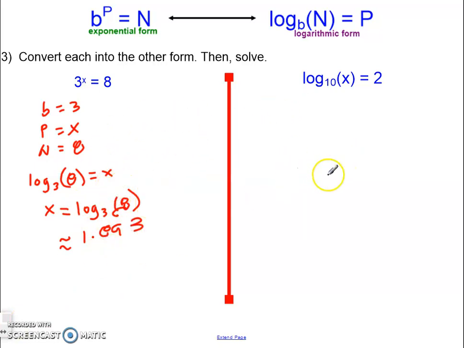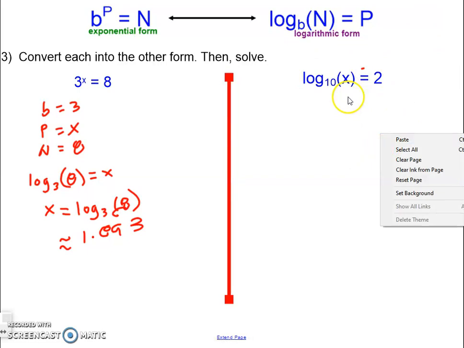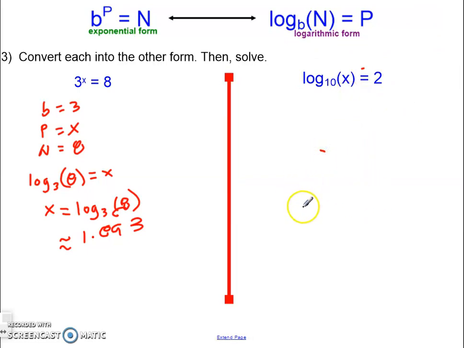So that's the approximated answer. Again, the exact answer was x is log base 3 of 8. The approximated answer is 1.893 if done correctly in a calculator.